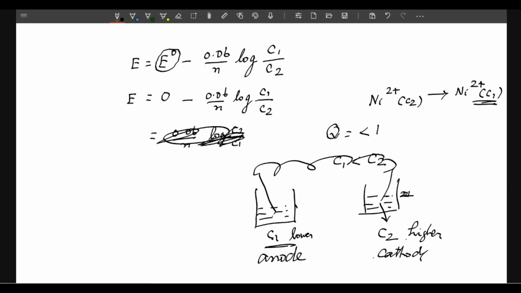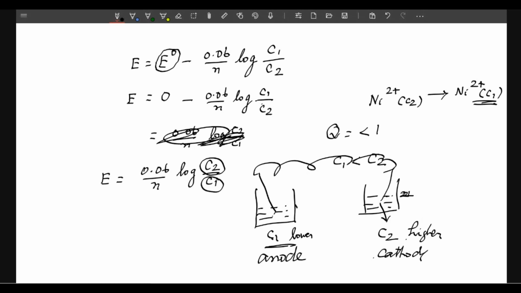And now what is the equation to be used to calculate E? E is equal to 0.06 by n into log of C2 by C1. C2 is the concentration in the cathode, C1 the concentration in the anode.